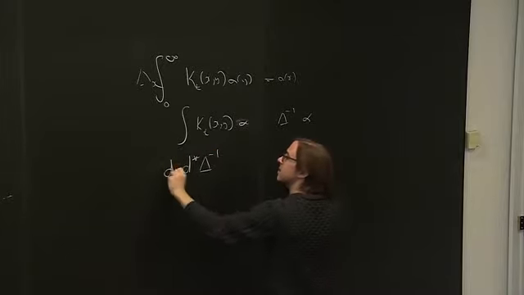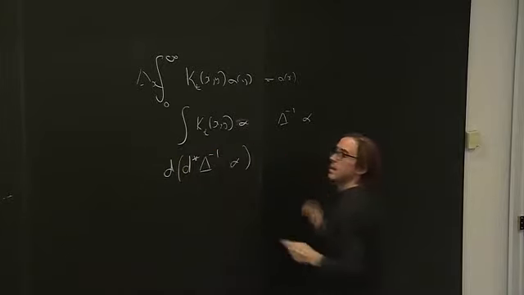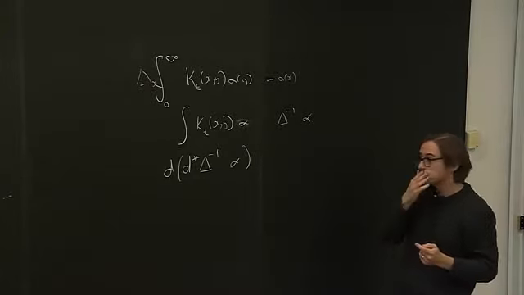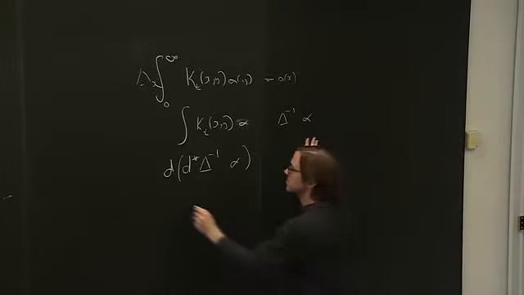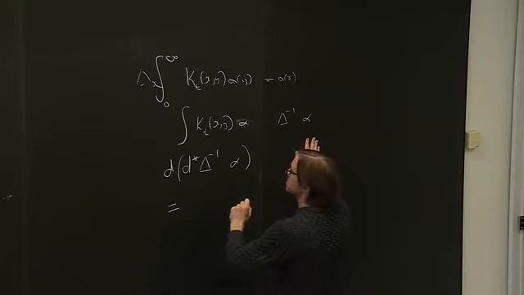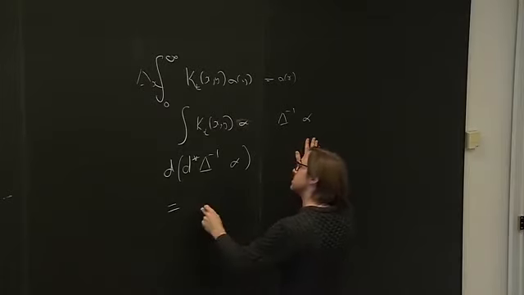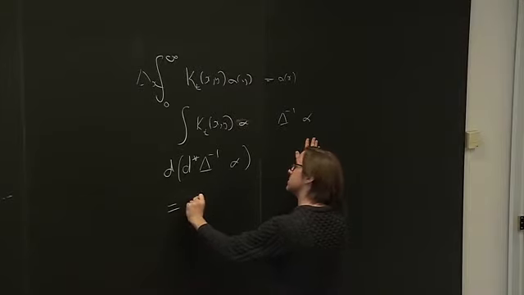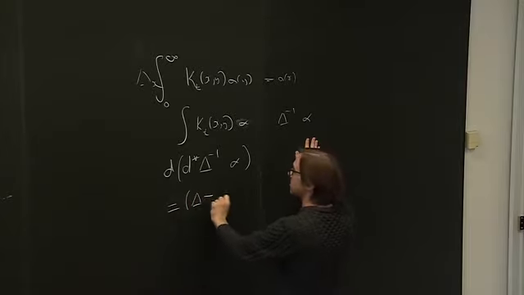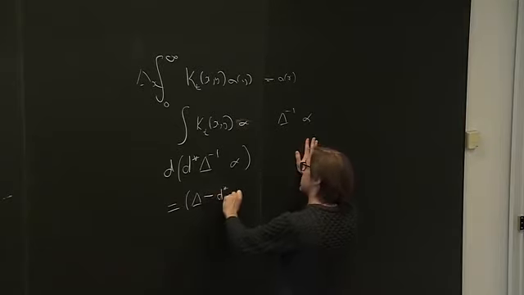What is D of D star times Laplacian inverse alpha? This is Laplacian minus star E times Laplacian minus alpha.